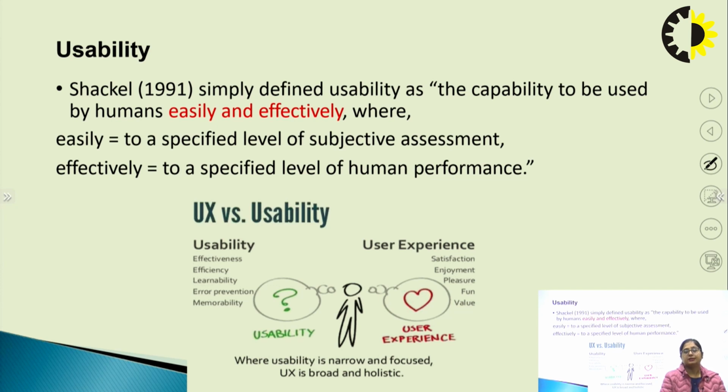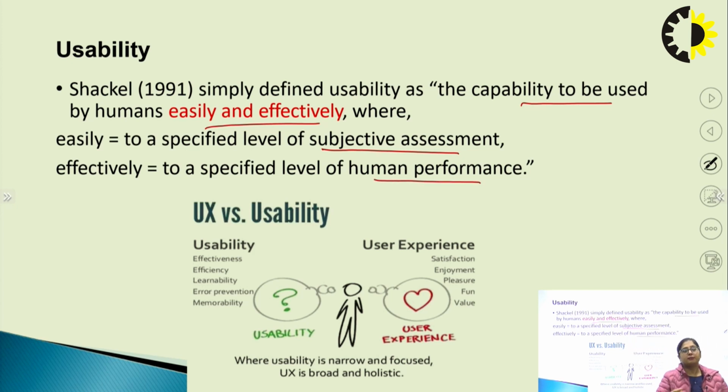Next is usability. Shackel in 1991 simply defined usability as the capability to be used by humans easily and effectively. What is easily here? To a specified level of subjective assessment. It should be easily understood by the user, and effectively to a specified level of human performance.